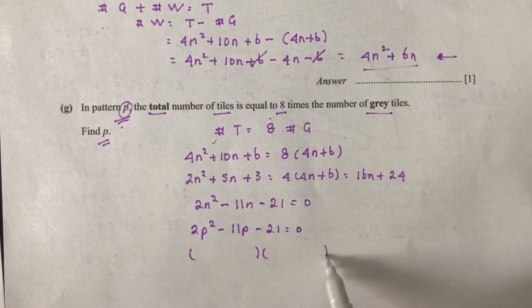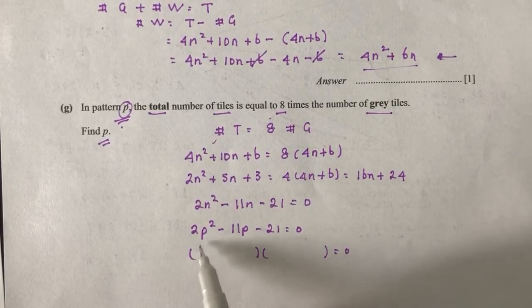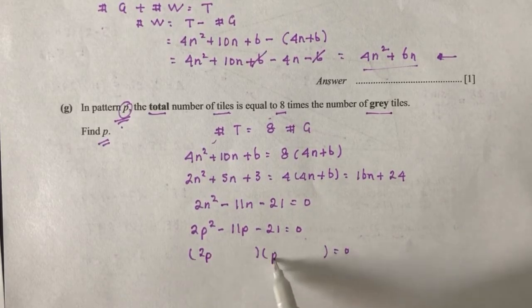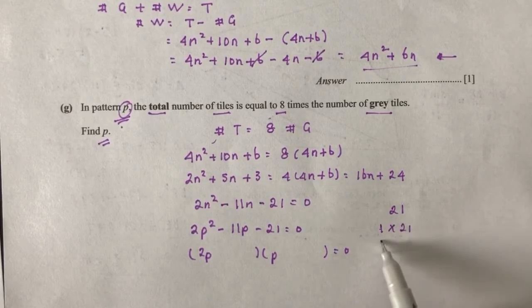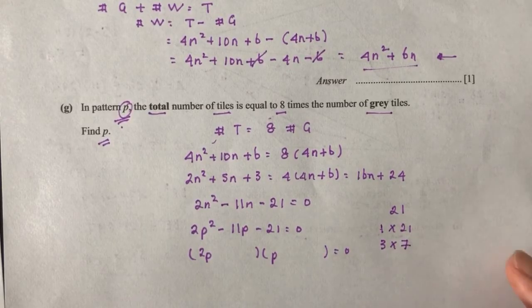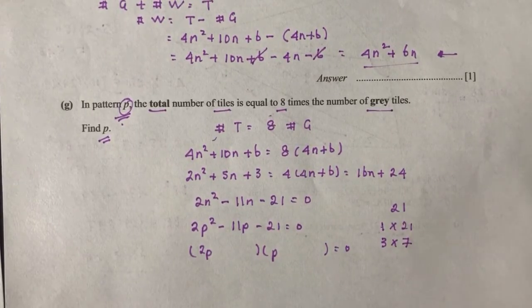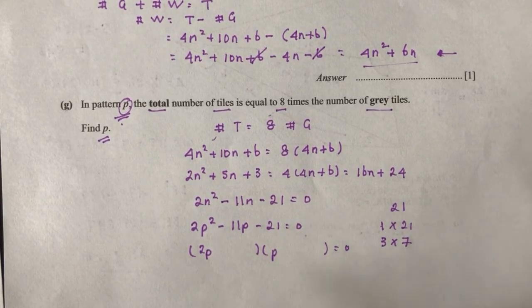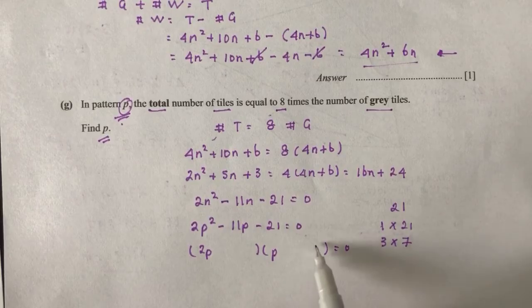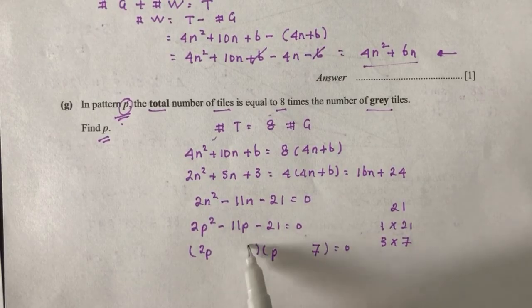Factorize this one. What do we have? 2p squared is 2p times p. 21 can be 1 times 21, 3 times 7. Those are two possible values that we have. So how can we factorize this? For us to get minus 11, we can use 7 here and 3 here.